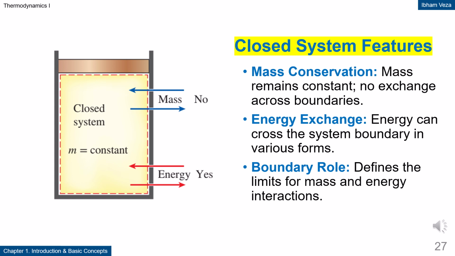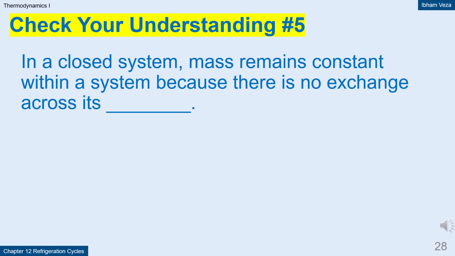Many basic thermodynamic analyses start from the closed system model. This concept simplifies the understanding of mass and energy conservation laws. In a closed system, mass remains constant within a system because there is no exchange across its boundaries.